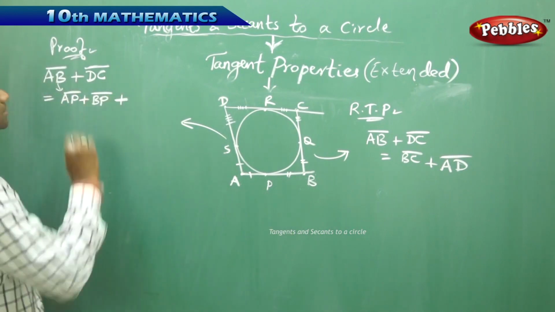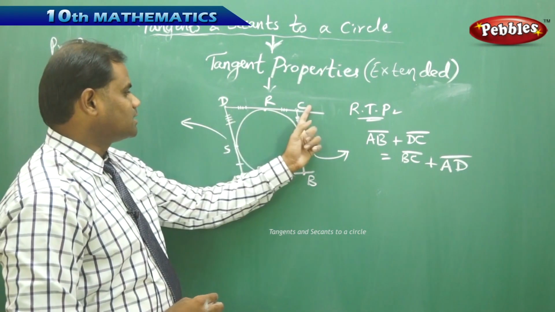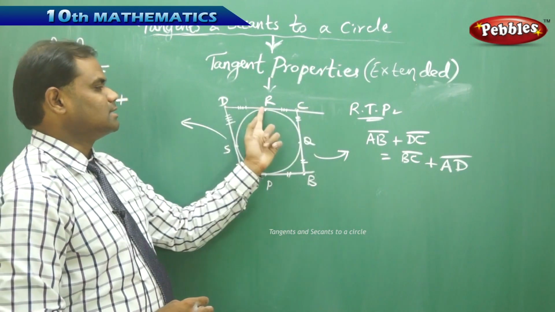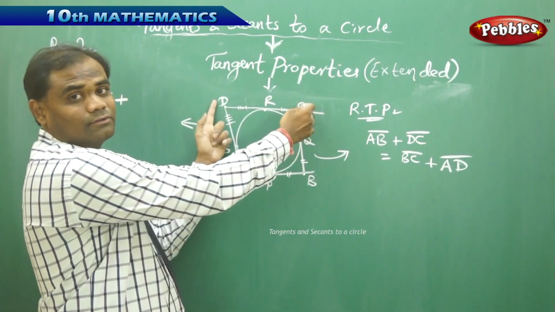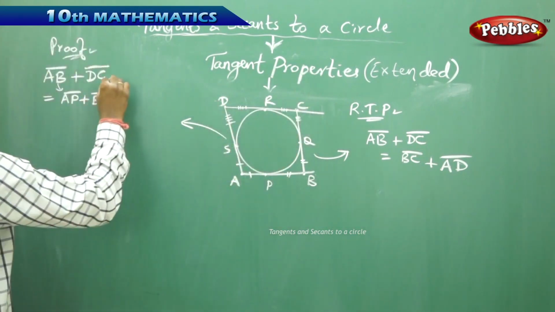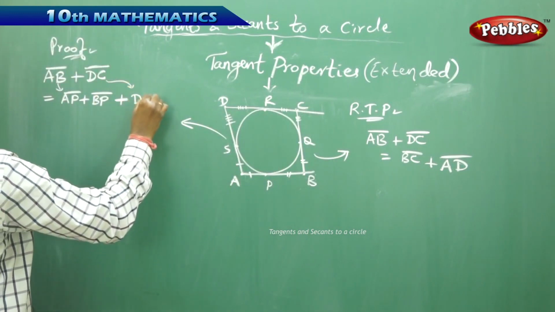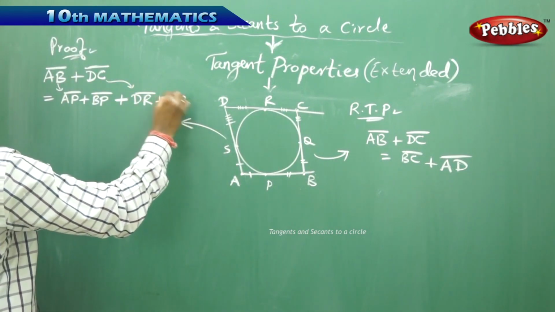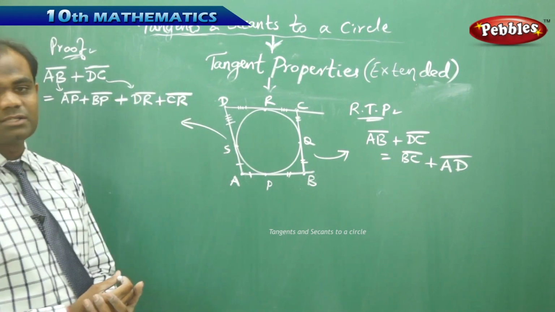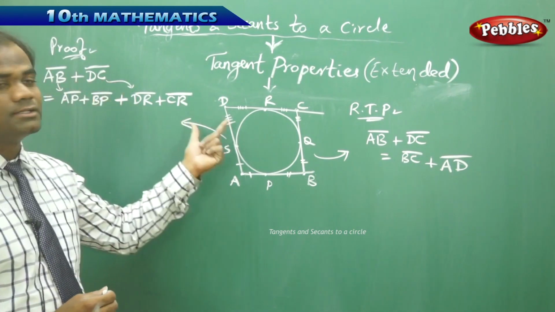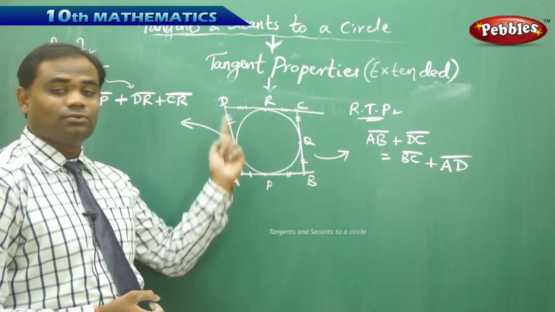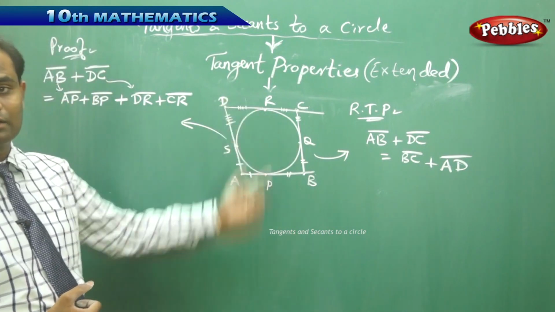Similarly, I can split the side DC as DR plus CR, which on the whole makes the whole of DC. Therefore, I get AB plus DC split through the respective points P and R.